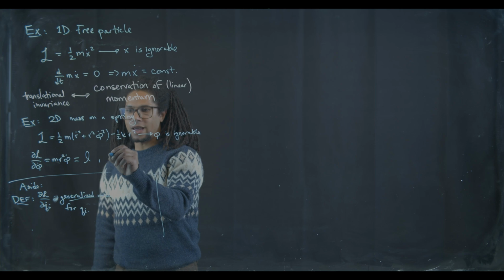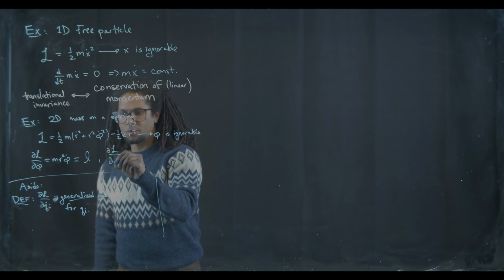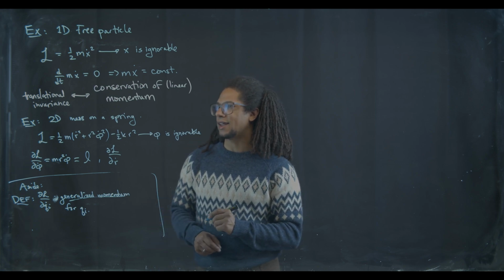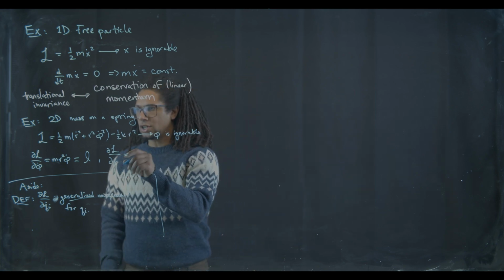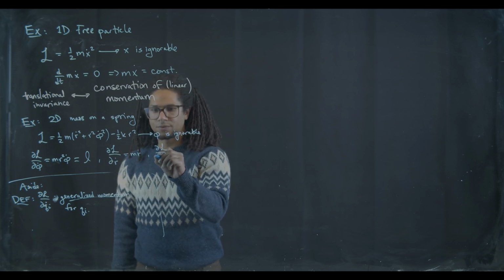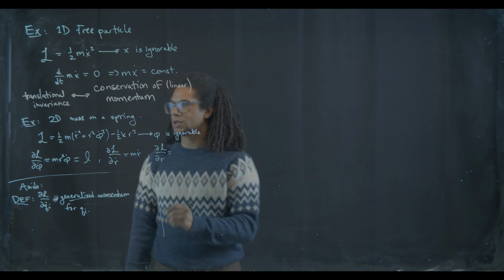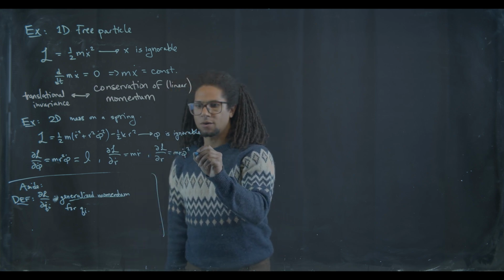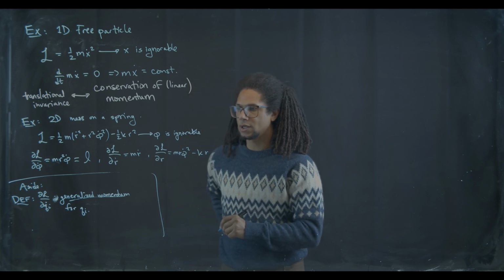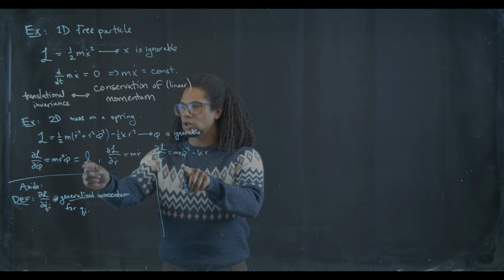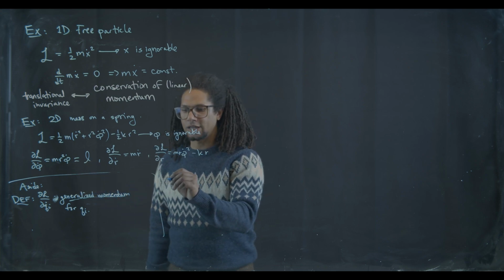Okay, now I can stick that into my Euler-Lagrange equation for r. Let me start deriving that. So dL/d r dot is m r dot. dL/dr is equal to m r phi dot squared minus k r. All right, just like before, I need to find phi dot squared in terms of L and r and substitute it in here.